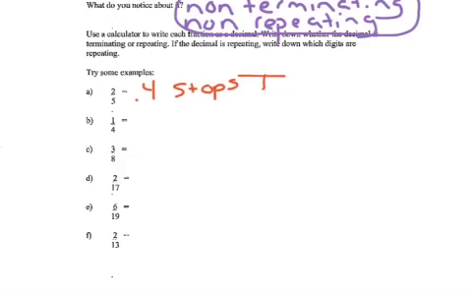I would like you to try the rest of these B through F on your own. However, for letter E, I want you to cross it off, and I want you to write down 6/18. That's what I want you to try in your calculator for that one. So pause the video, figure out the decimal of B through F, and then write down if it terminates or repeats.